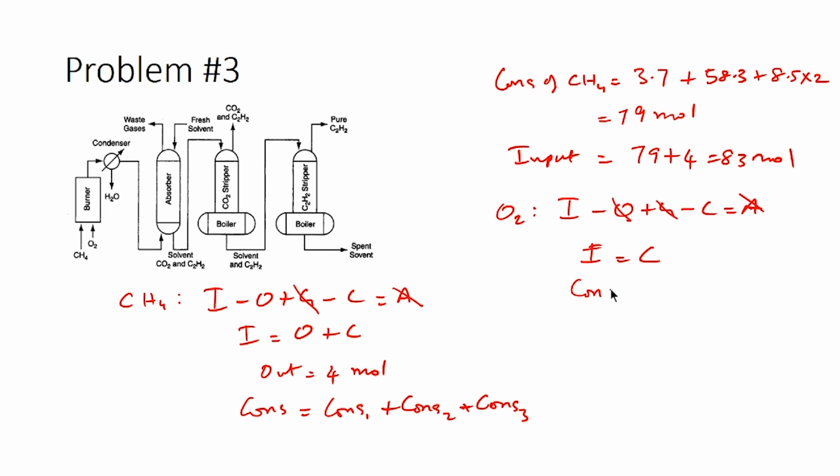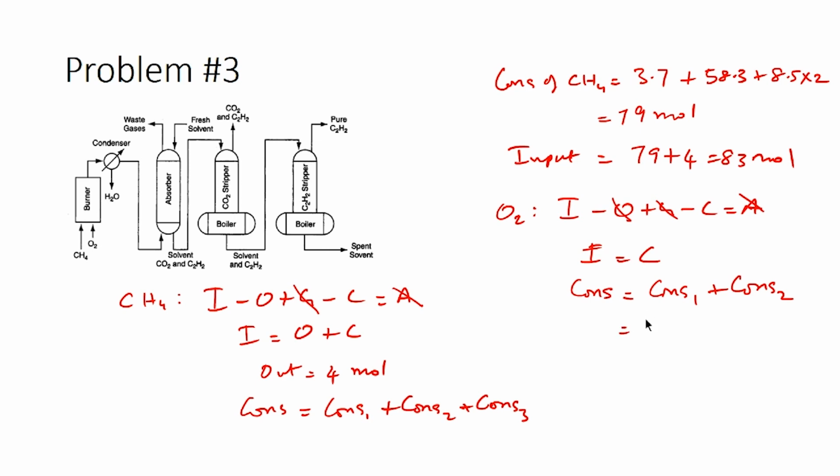We now need to identify what the consumption is. The consumption of oxygen happens through the first two reactions. Reactions 1 and 2 both consume oxygen. So, you have to identify the consumption of oxygen in the first reaction and in the second reaction. Using the stoichiometry of the reactions given, for every mole of carbon dioxide produced, 2 moles of oxygen are consumed. Similarly, for every mole of carbon monoxide produced, 1.5 moles of oxygen are consumed.